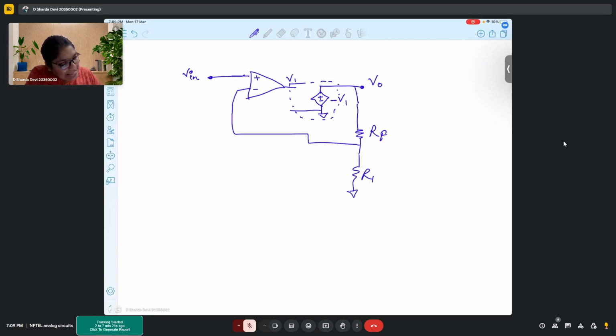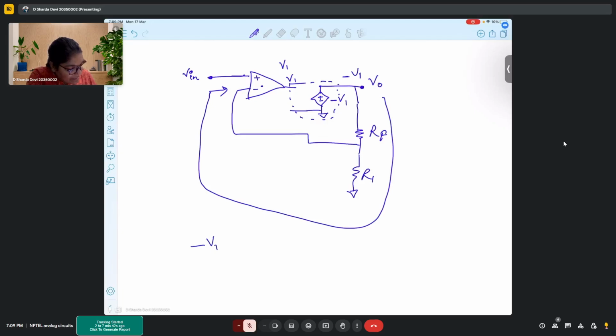One thing I can see is, since here they have mentioned that the output V out is minus V1. So here it was V1, but V out is minus V1. And then when you are feeding it to the negative terminal, at this point when it goes inside, it becomes minus V1, then again a minus because of the negative.